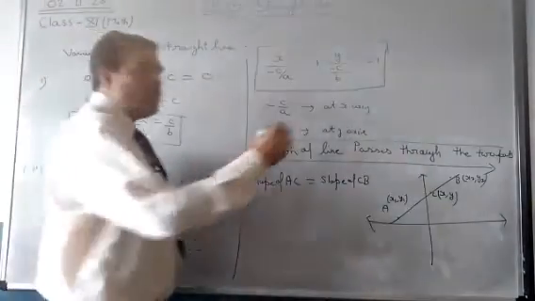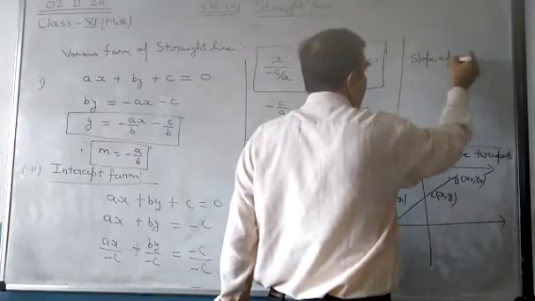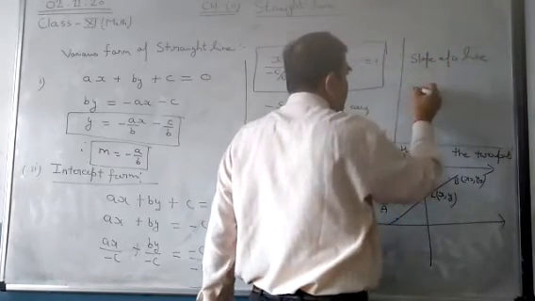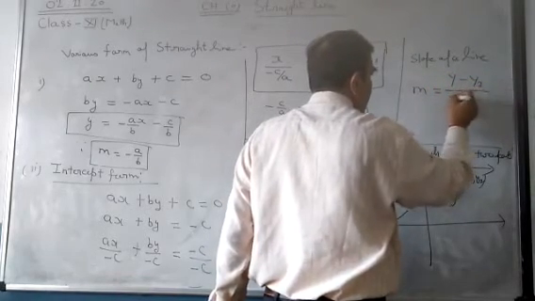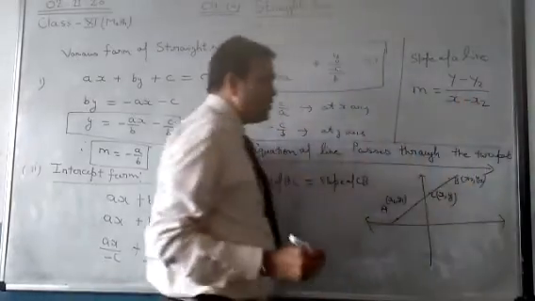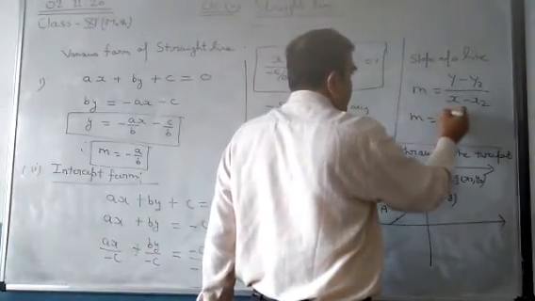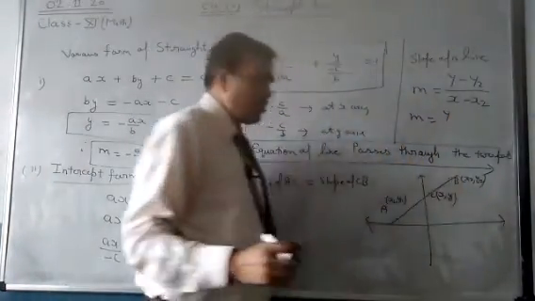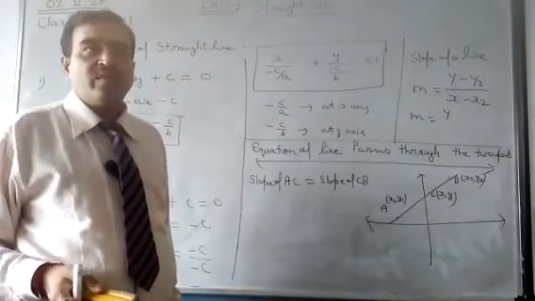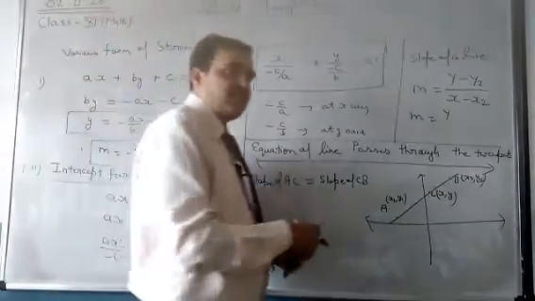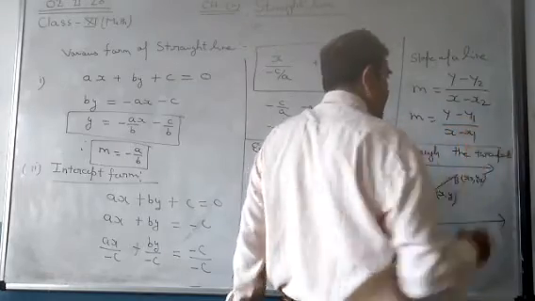And you know that the slope of a line m is equal to y minus y2 upon x minus x2.